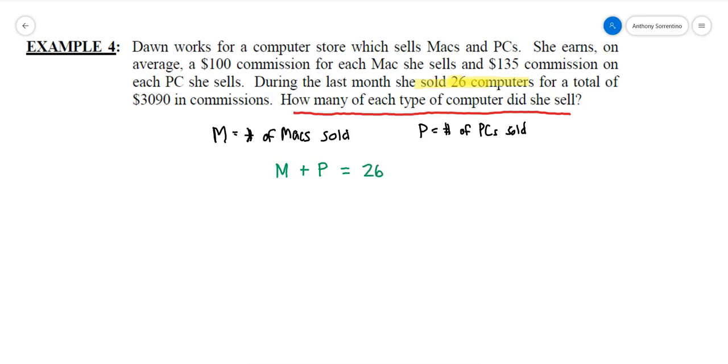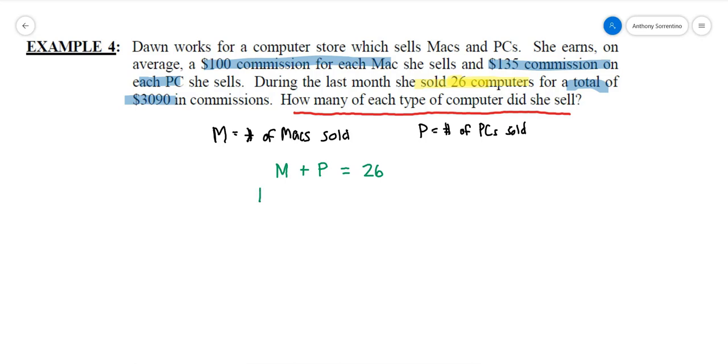The other one is kind of split up in several different spots. So let's have a look at it. It has to do with her commissions. She earned a total of $3,090 in commissions. Put the total here. She has a $100 commission for each Mac and a $135 commission on each PC. So if I want to figure out how much of a commission she earned on the Macs only, I would take 100 times the number of Macs she sold, which in this case is M, because we don't know what it is yet.